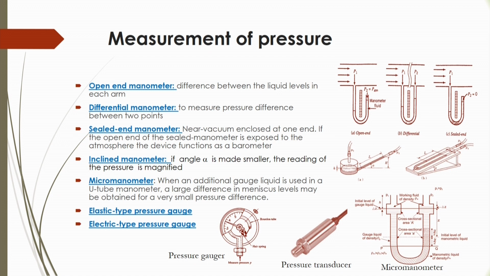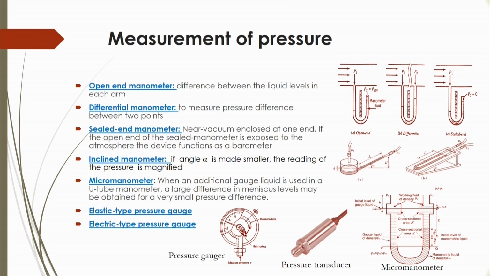Again, how to measure the pressure whenever a liquid is exerting pressure on any container surface or any solid surface by its liquid column or fluid column, how actually you have to measure this pressure.